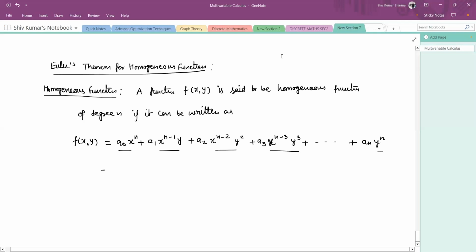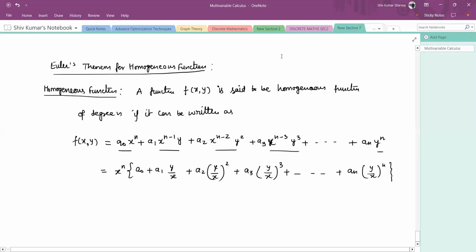So this we can write by taking x raised to the power n as common. This can be written as a0 plus a1 into y upon x plus a2 into y upon x to the whole square, a3 into y upon x raised to the power 3, plus and so on, an into y upon x raised to the power n.